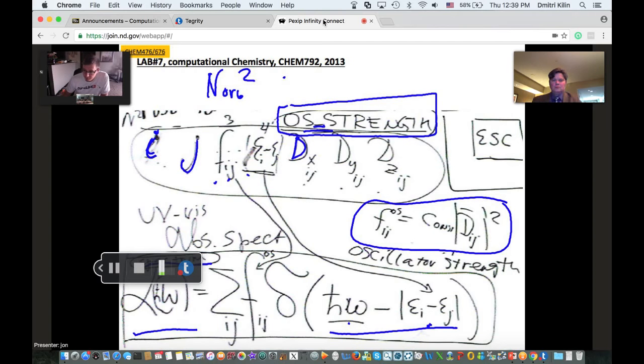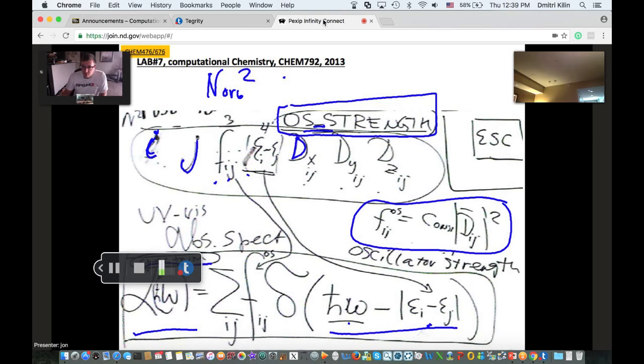That's the oscillator strength, and it's relative to the square of the transition dipole moment for a given set of two electronic states, and then a number of constants that also go along with it.